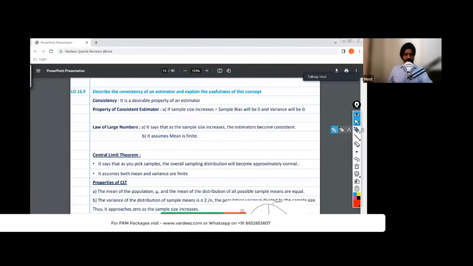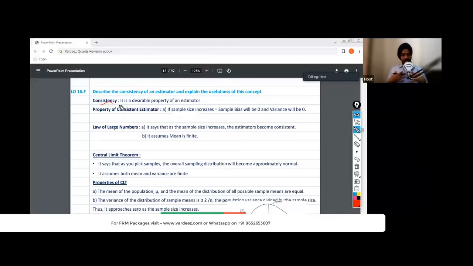Then we have the consistency of an estimator, and we explain the usefulness of this concept. As I said, two very crucial properties, and one is consistency. Consistency is a desirable property of an estimator. The estimators are mu hat, the sample mean, and the sample variance, sigma squared hat.